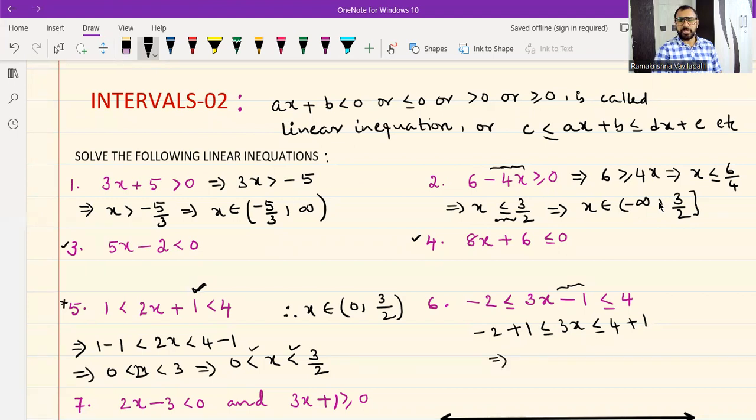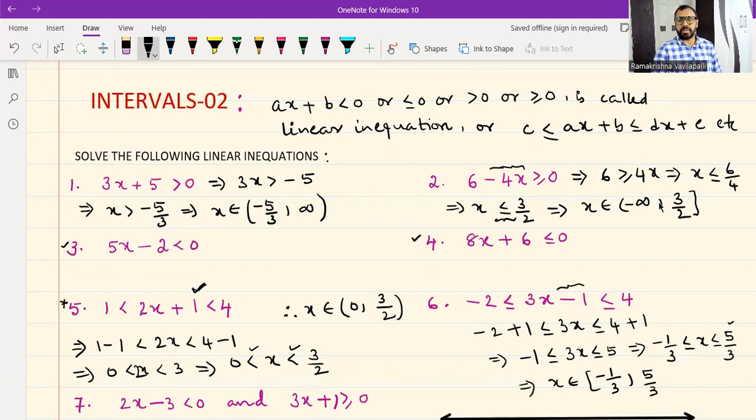So this implies minus 1 less than or equal to 3x less than or equal to 5. Now divide by 3. So you will have minus 1 by 3 less than or equal to x less than or equal to 5 by 3. So the solution satisfying the given inequation is x belongs to the closed interval minus 1 by 3 to 5 by 3.